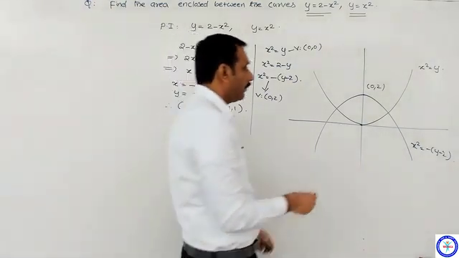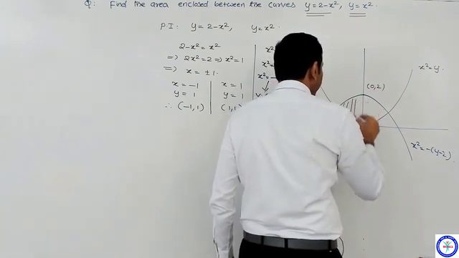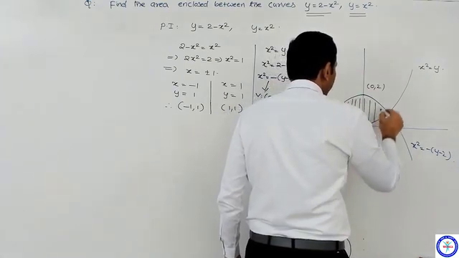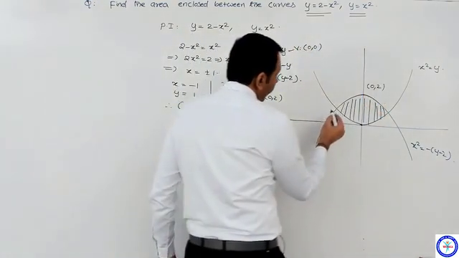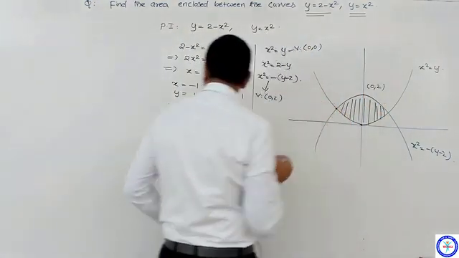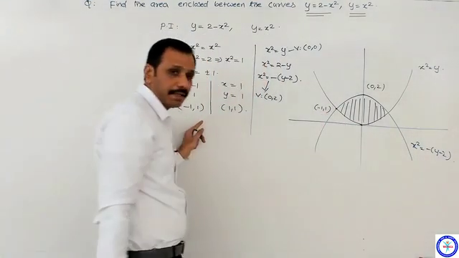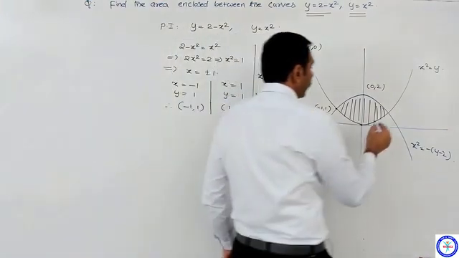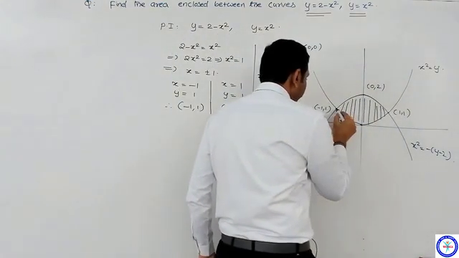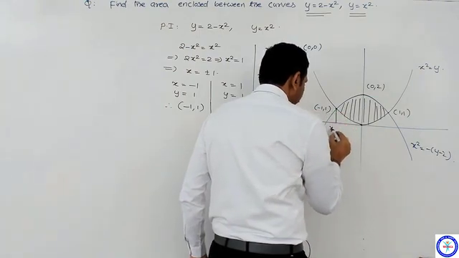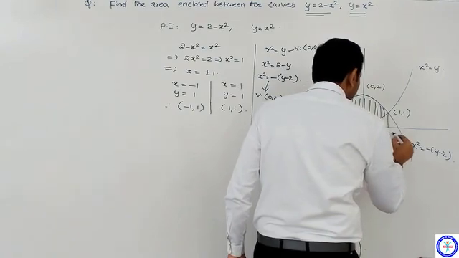Now a closed figure is formed by these two curves, hence I need the area between these two curves, which is this required area. What are the points of intersection we have seen? Minus 1 comma 1 is one point of intersection, and the other is 1 comma 1. Let me take perpendiculars to the x axis: x equal to minus 1 and x equal to 1.